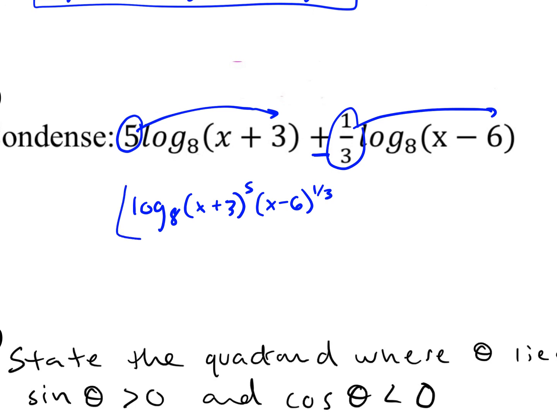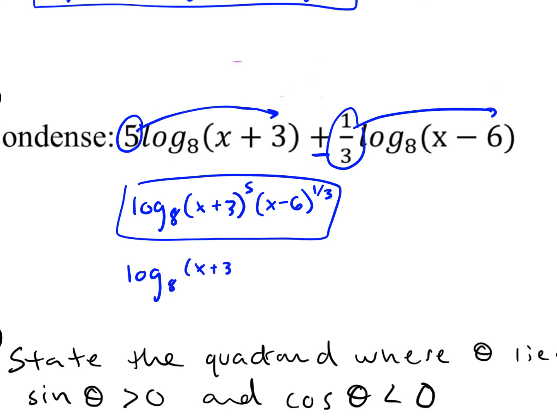So your answer could be written like this. If it were multiple choice, it could also be written as x plus 3 to the 5th power, and then the cubed root of x minus 6. Because remember, the exponent of 1/3 is the same thing as the cubed root.